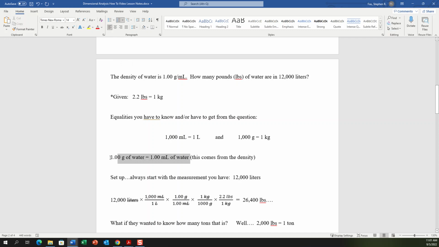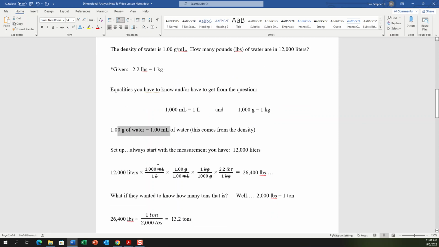So that's an equality that we get from that unit, grams per milliliter. So I'm going to need this equality, I'm going to need this equality, I'm going to need that equality, and I'm going to need the density equality that I'm given.